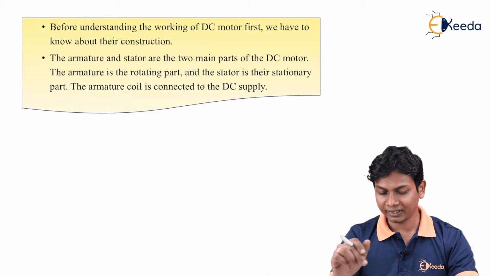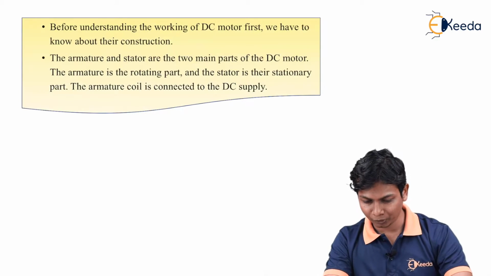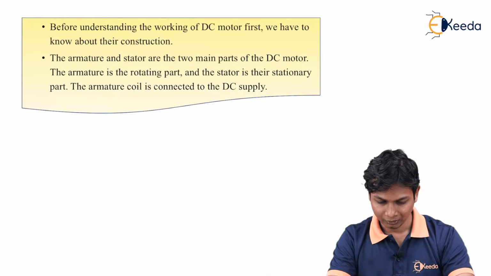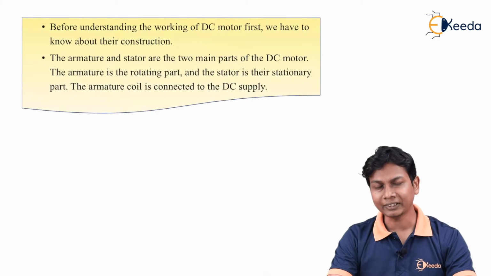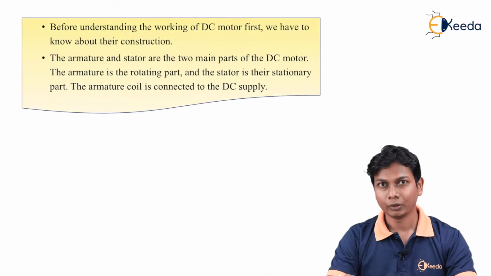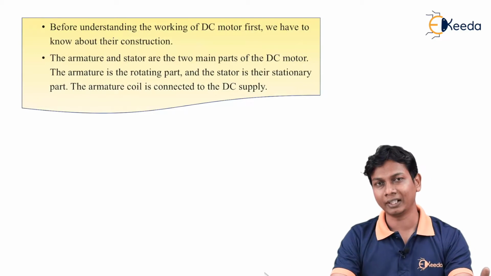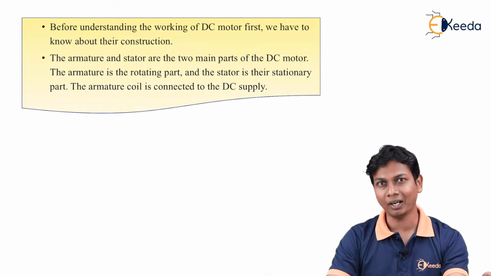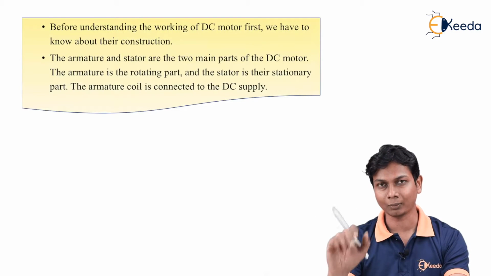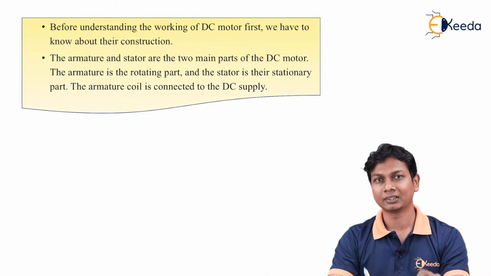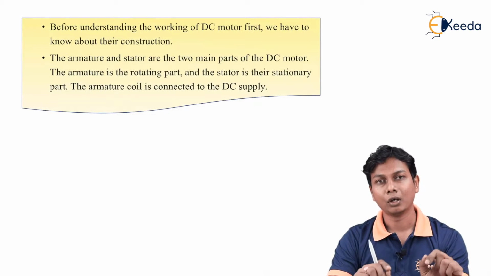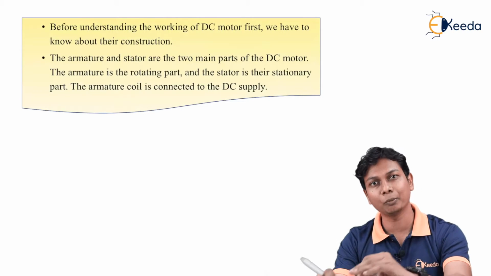Now, before understanding the working of a DC motor, first we have to know its construction. So, what is the construction of a DC motor? You can consider it in a simple way: it consists of one stator part and another rotor part. Simply, the stator is a stationary part and the rotor is a rotating part.